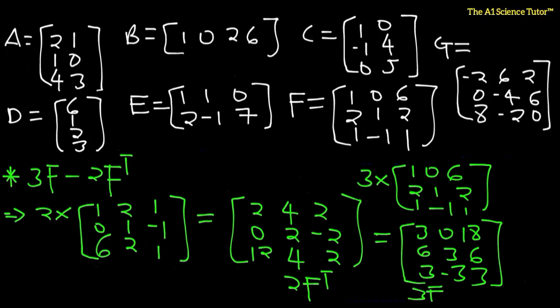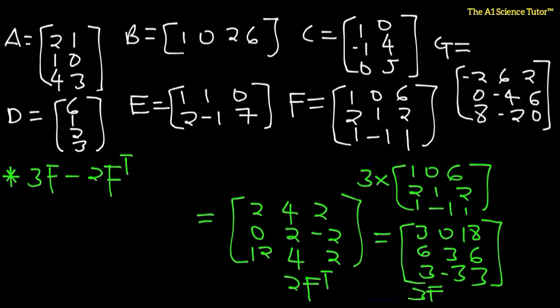Now we need to take this and subtract it away from 3F. So let's see how that's going to be done. Okay, so we need to hold these ones at the back. Just going to wipe these out. So this is what you have. And I need to write this in front so that we're going to have a 3F.